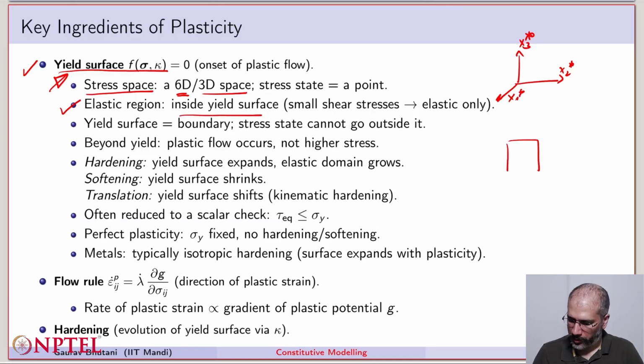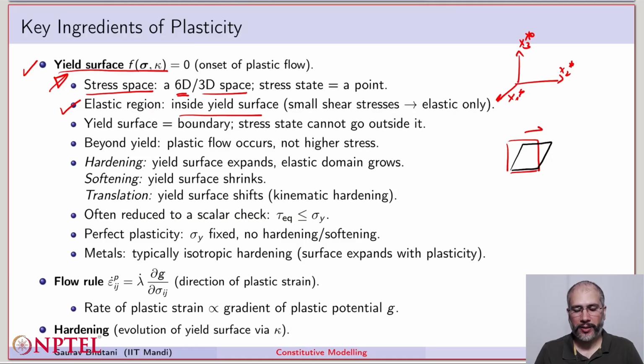Now let's say this is our solid and we apply some sort of a shear on the top. The solid starts changing its shape because of the elastic deformation. But if the stress crosses this yield value, then the solid starts to flow.